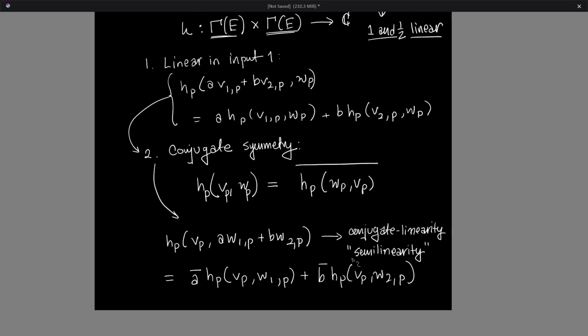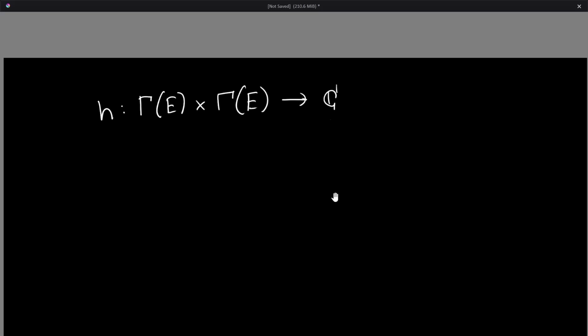But there's an interesting way in which we can turn the Hermitian metric into a bona fide tensor. It involves a clever trick. So we have H, it goes from gamma E cross gamma E to the complex numbers, right?